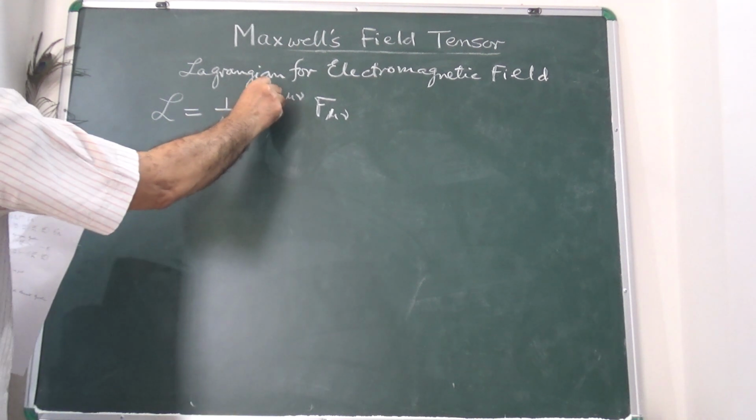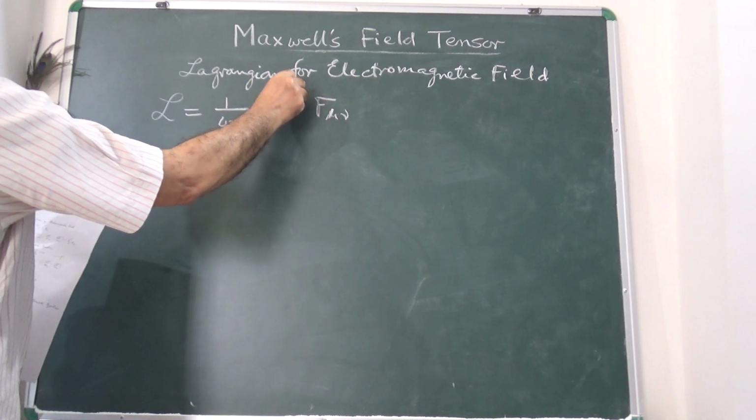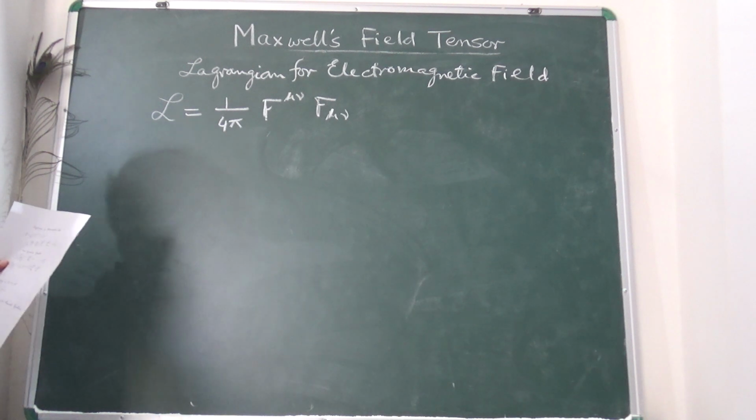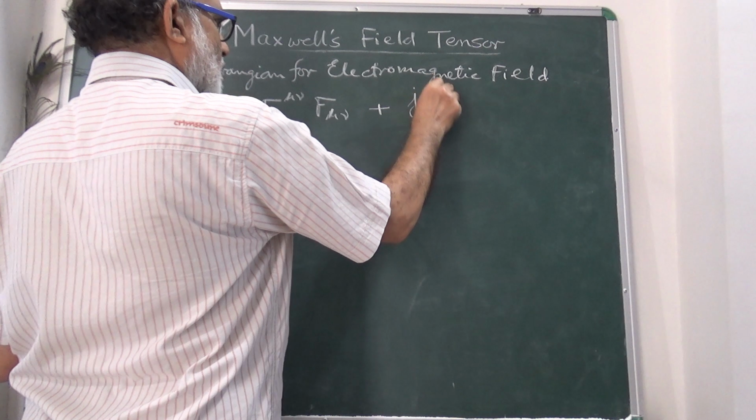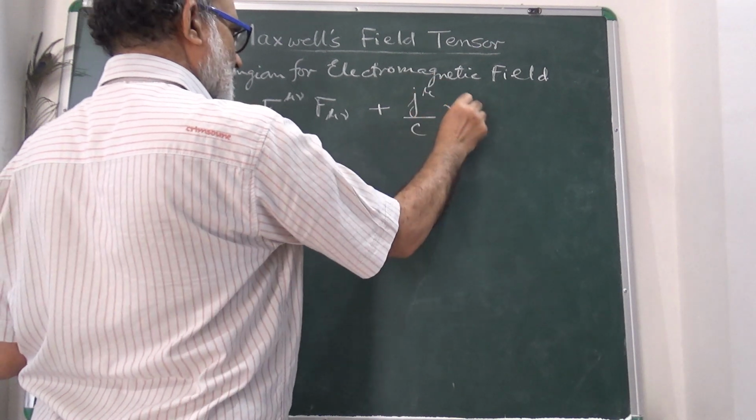This we know, this F mu nu F mu nu represents electric and magnetic field components, plus the current part, J mu by c A mu.